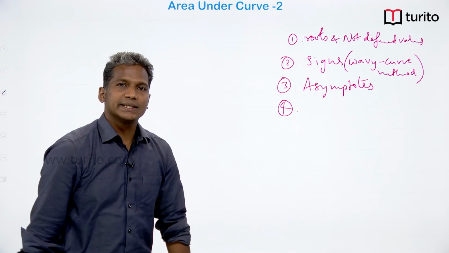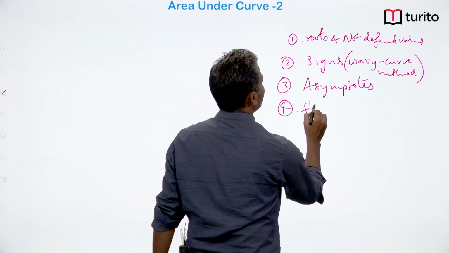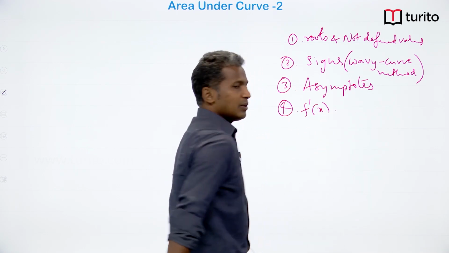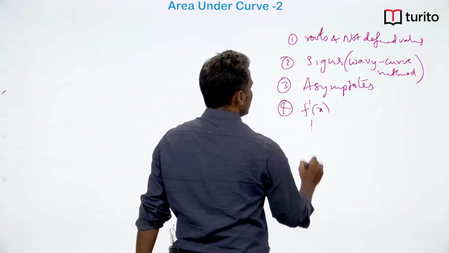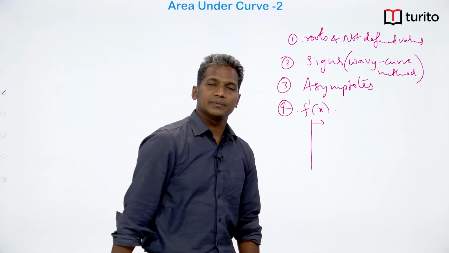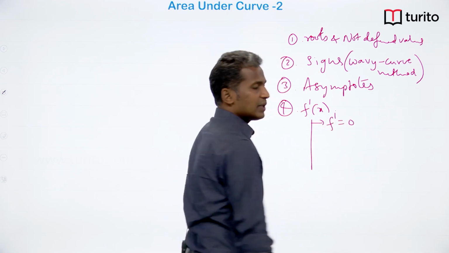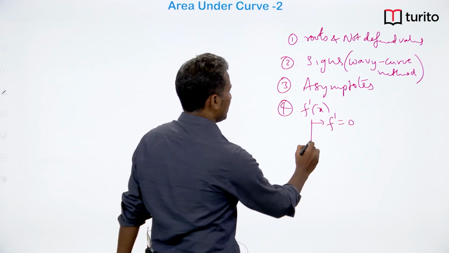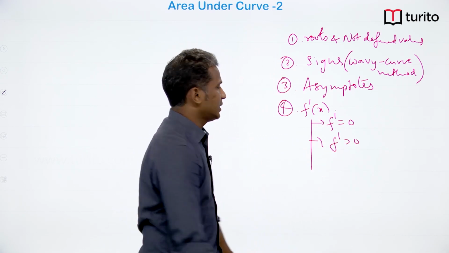After we get these, then go for the derivative. Find f dash of x. But after finding f dash of x, we need to analyze it. If f dash of x is 0 for some values, we have to note them. If it is positive for some intervals, note them.